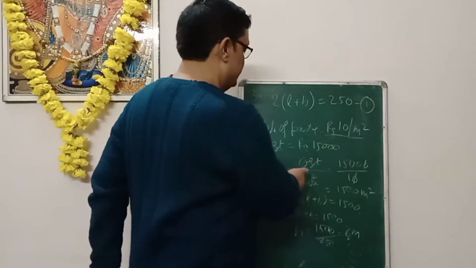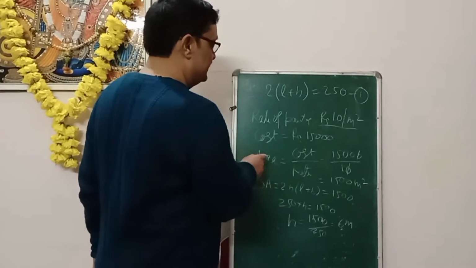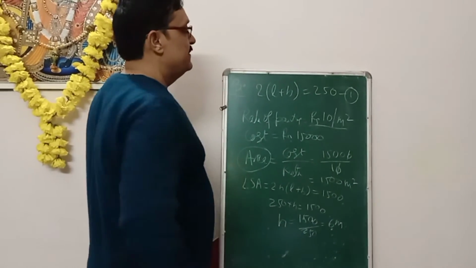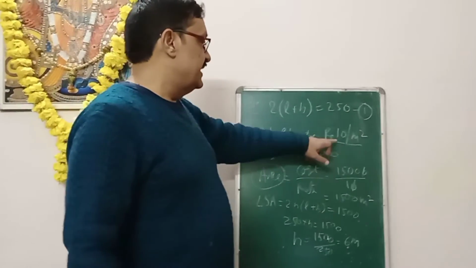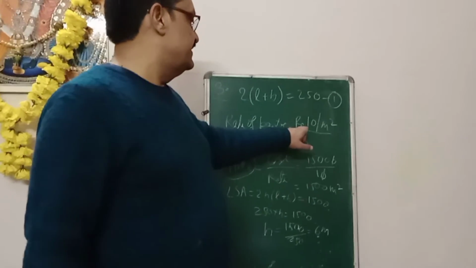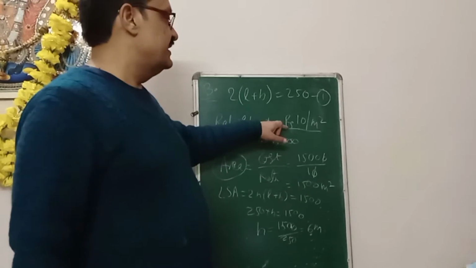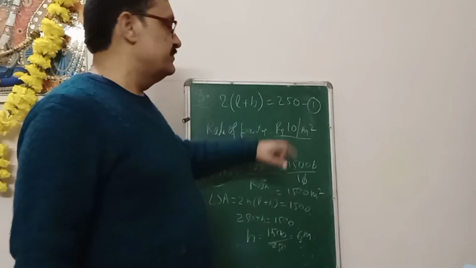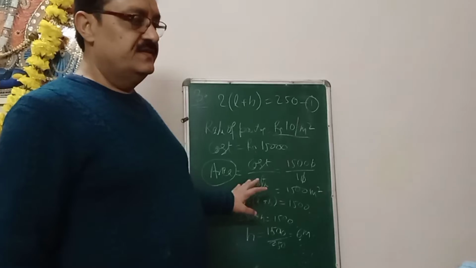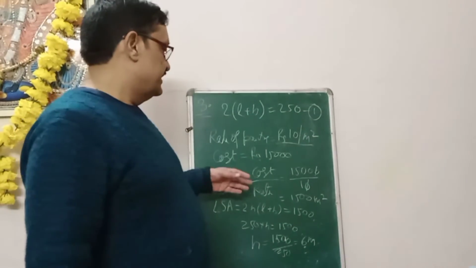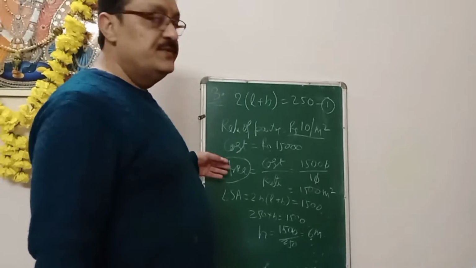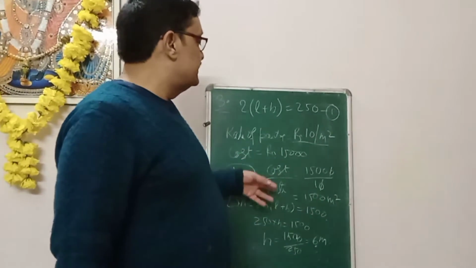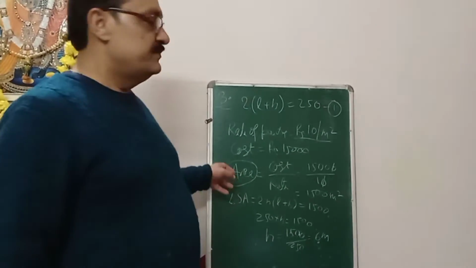If anybody has got any understanding problem in calculating area, then you can also assume that let the area be x. Then area multiplied by this rate should be equal to this, and x will come out as 15,000 divided by 10. So this is same thing. I don't think anybody will have problem understanding why we have divided cost with rate to calculate the total area.